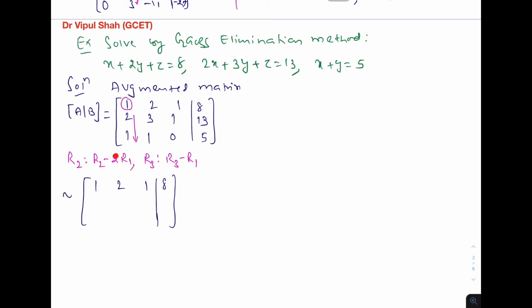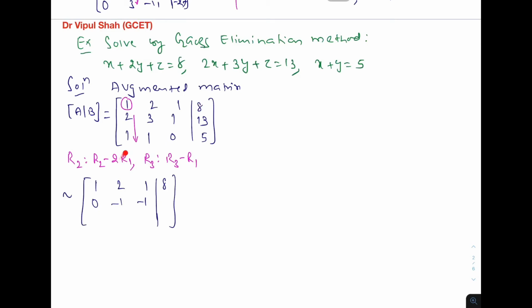Now multiply minus 2 to every element of the first row and add to the second row. So it's not difficult now. So minus 2 plus 2, 0. Then minus 2 into 2, so that is minus 4 plus 3, so that is minus 1. Similarly, minus 2 plus 1, minus 1.